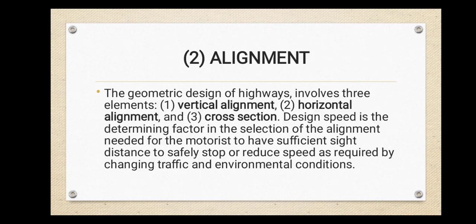Alignment. The geometric design of highways involves three elements. First is the vertical alignment, second the horizontal alignment, and third the cross section.